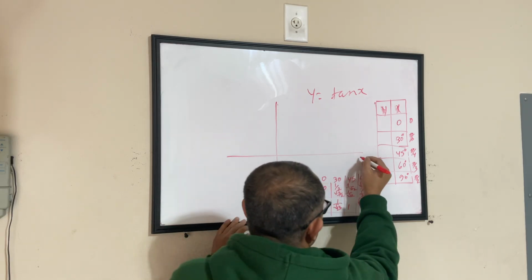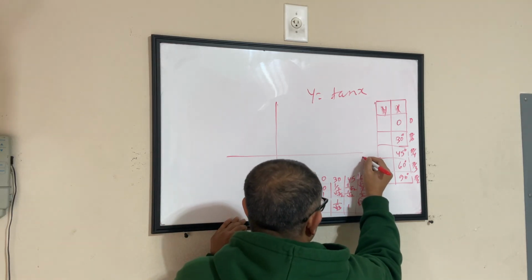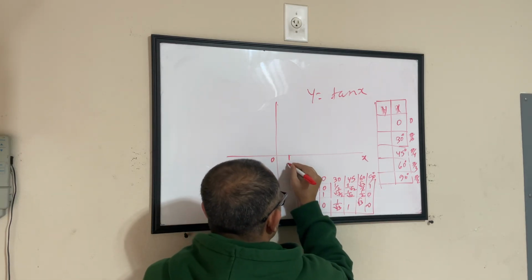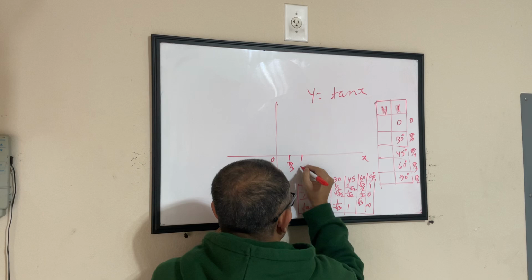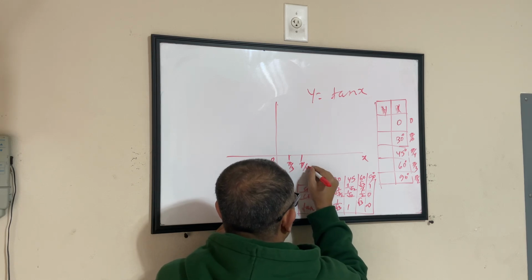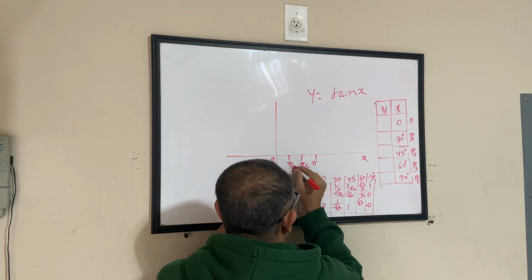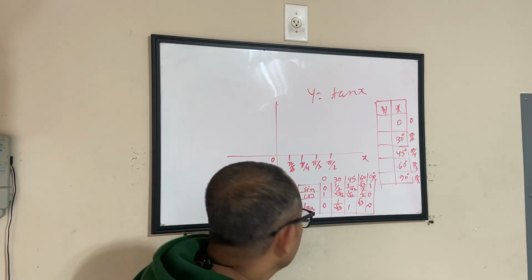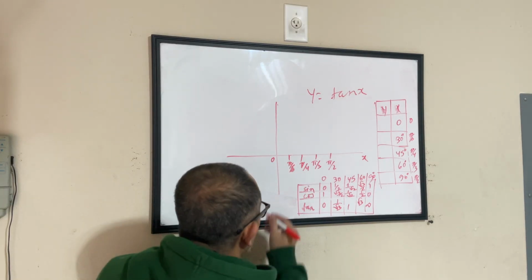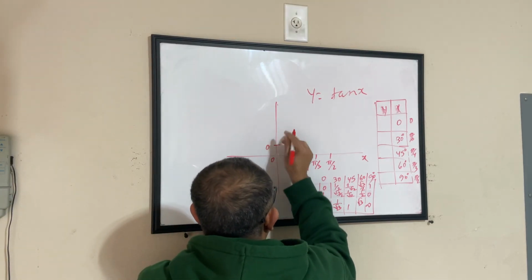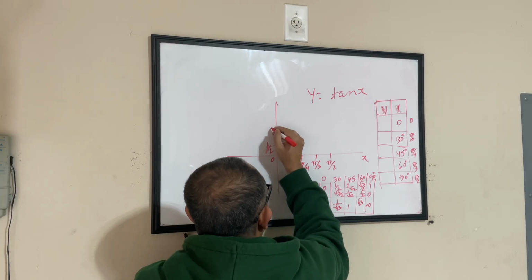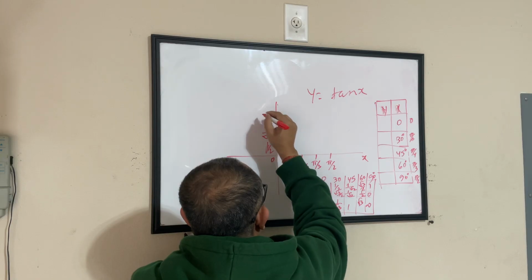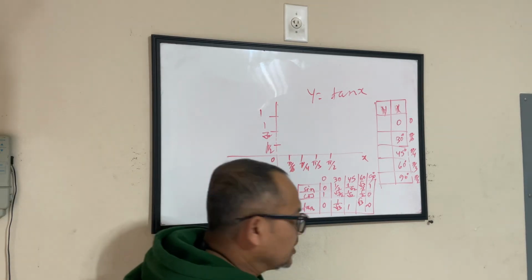Let's say on this side we are putting x, which is my angle. So this is 0, pi by 6, pi by 4, pi by 3, pi by 2. And then on this side we'll put the numbers. Let's say 0, 1 by 2, 1 by root 2, 1. I'm just making it up.